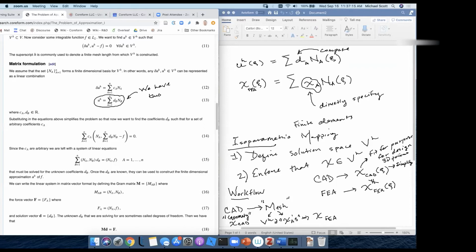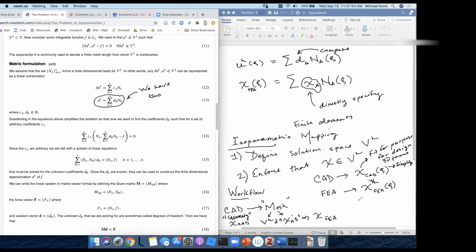Okay, exactly. So now all of a sudden the robustness of the process of putting a mesh on a CAD object is starting to dictate to the analyst the possible set of X FEAs that are allowable, right? That you can actually construct. And so you often simplify a model not because of some engineering assumptions or good engineering judgment, but simply because you can't get a mesh on the original CAD object. Okay.